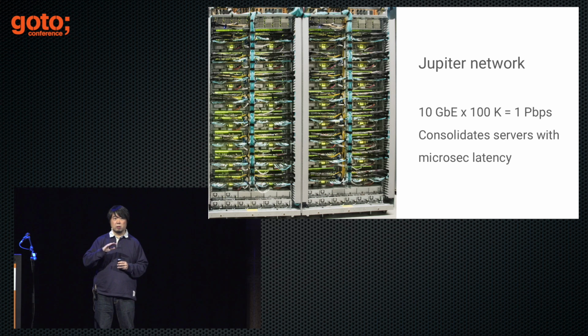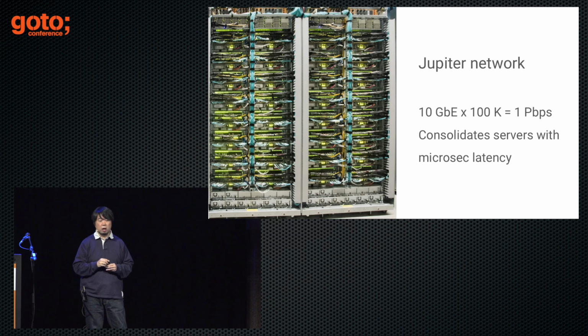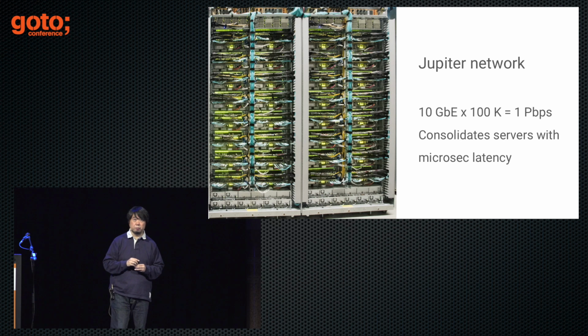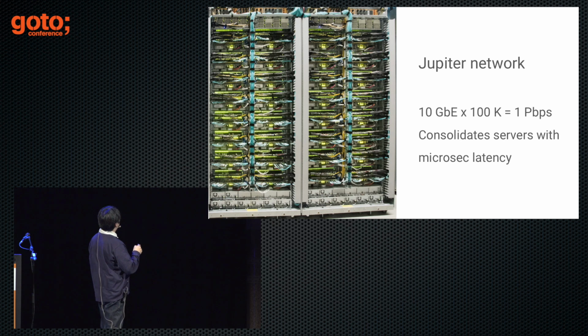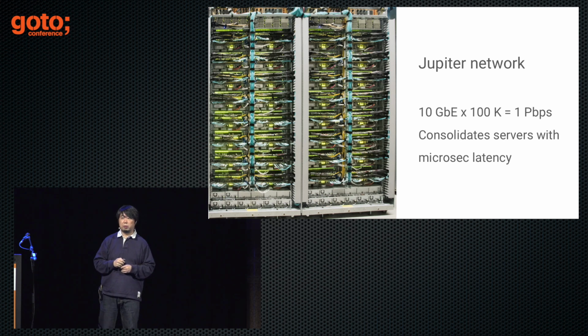Those are not mainstream in our network backbones. We have been building our own hardware that can hold like 100,000 ports of 10 gigabit Ethernet ports that can yield 1.2 petabit per second per data center. So that is the network we have at Google.